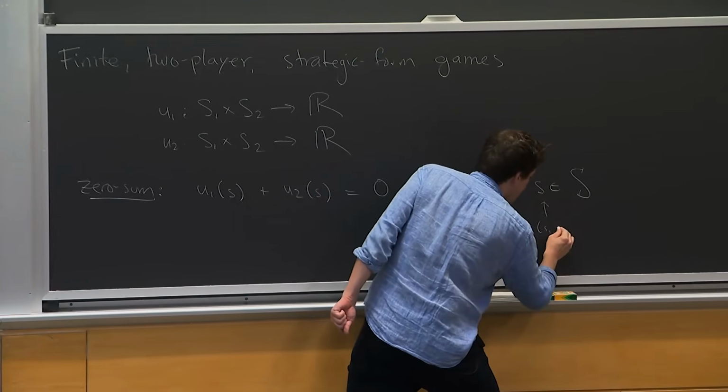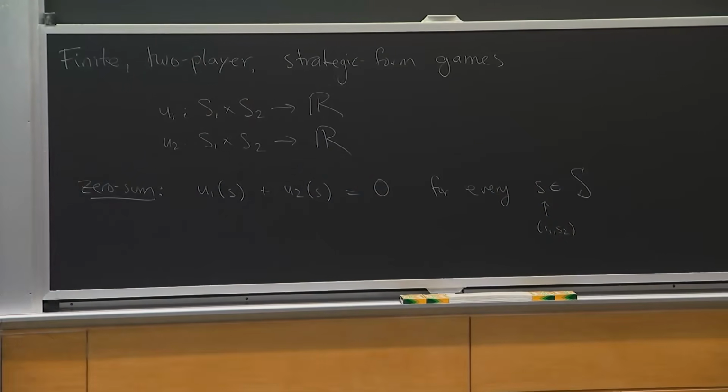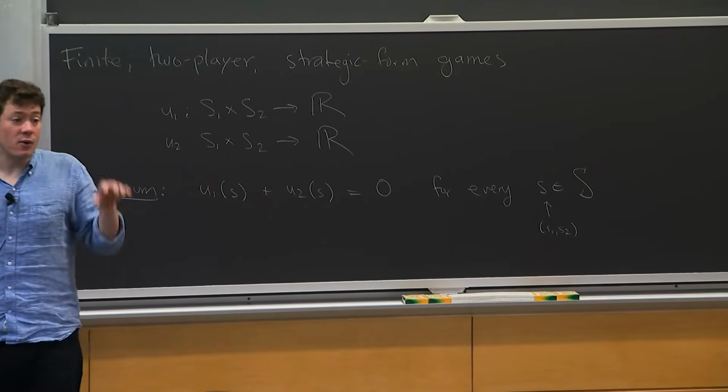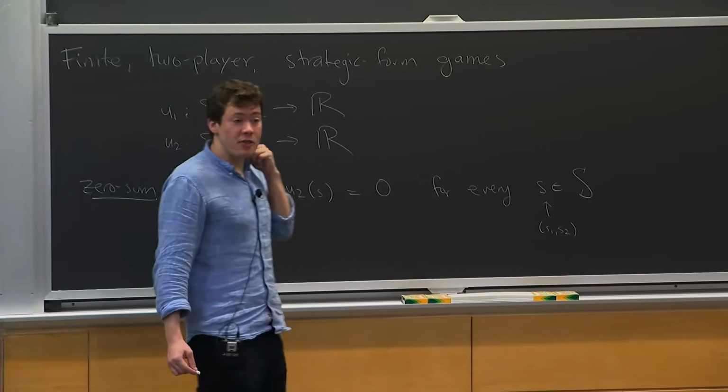So this is something like S1, S2. So when I write it down, it looks like just one equation, but really we have many equations, right? We have a separate equation that must hold for any pair of strategies that the players play.